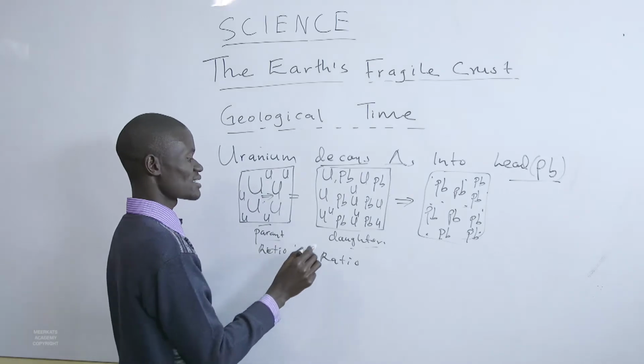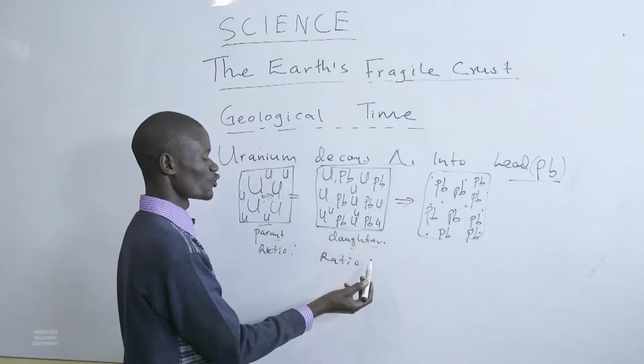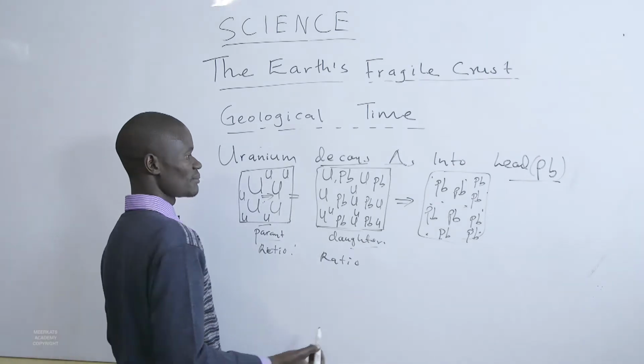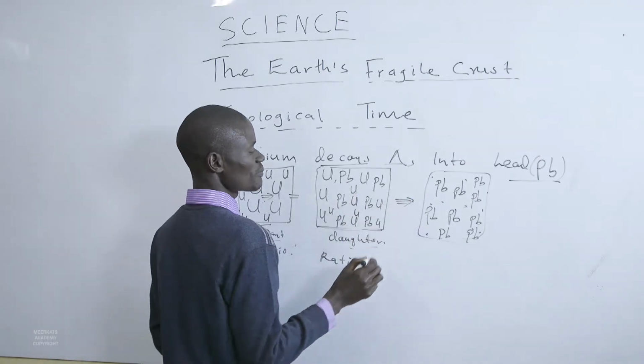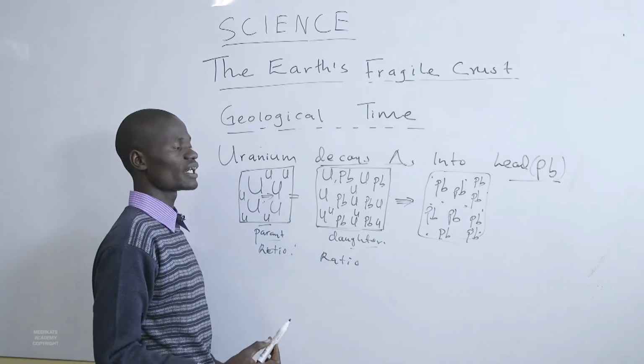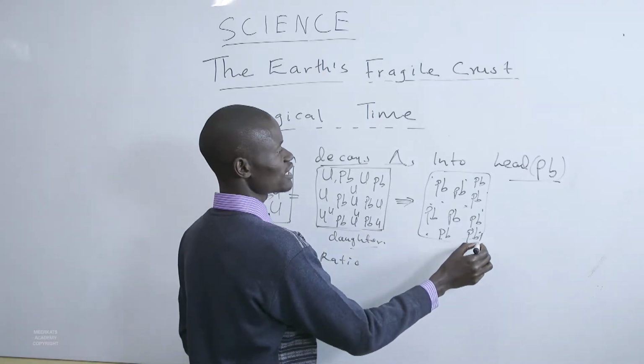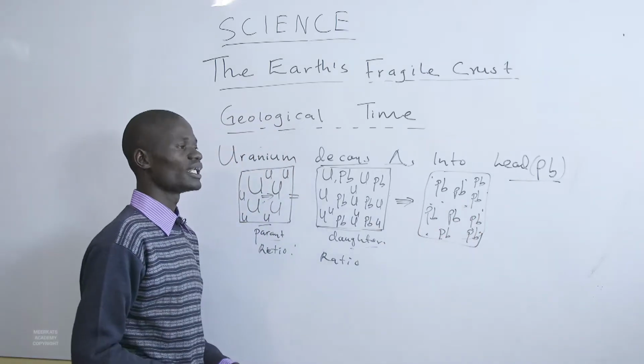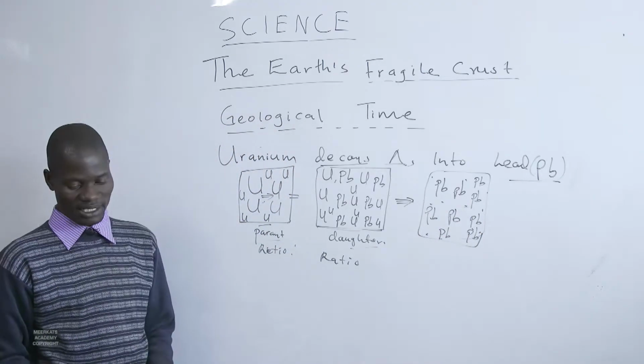This parent has undergone decay to form a daughter isotope, and over a given period of time the decay continues at a constant rate and changes into lead as an element.